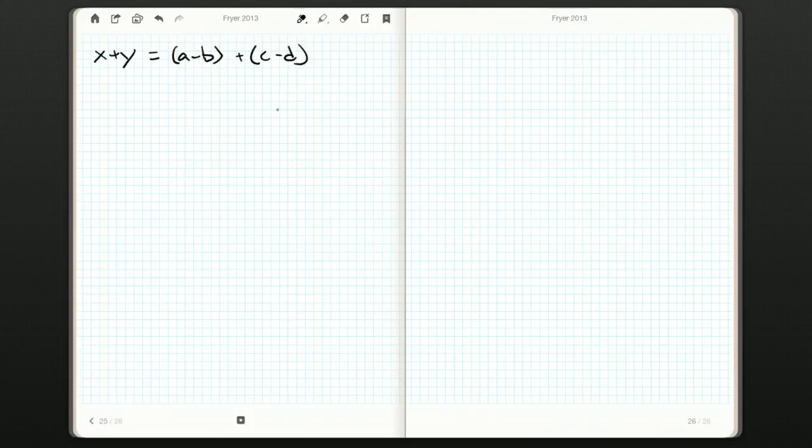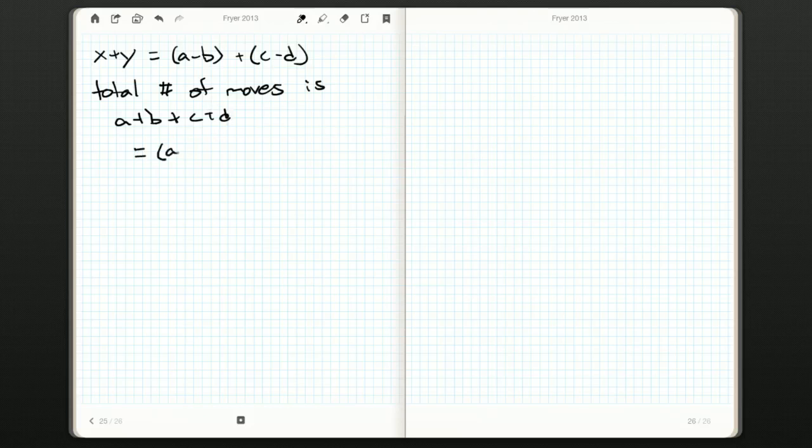plus c minus d. Now the total number of moves is a plus b plus c plus d.